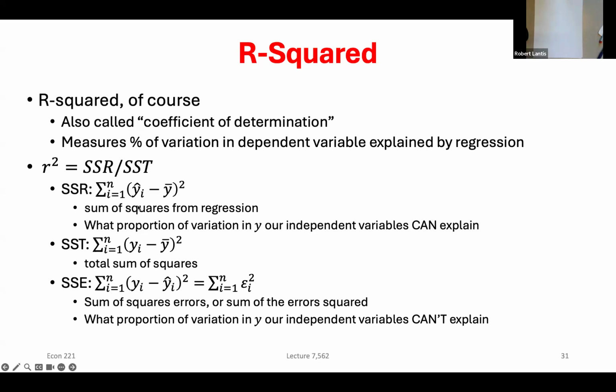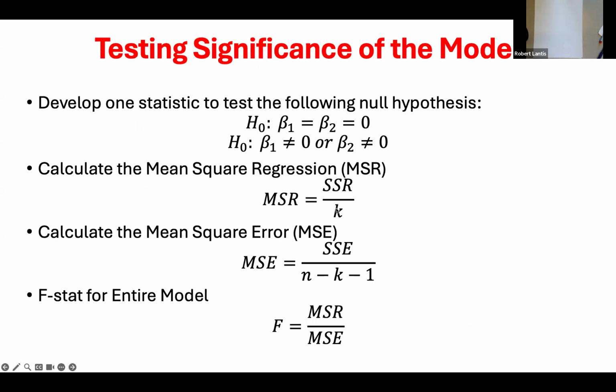If I just put 1,000 variables in there, some of them are going to stick, right? So what this does is scale it: yes, we're explaining this much of the variation, but we've included this many variables, 1,000, so it's going to scale that down. And then the mean of our squared errors is what we can't explain, divided by our total number of observations minus our number of independent variables minus 1.